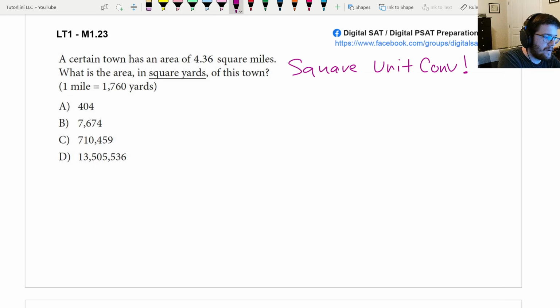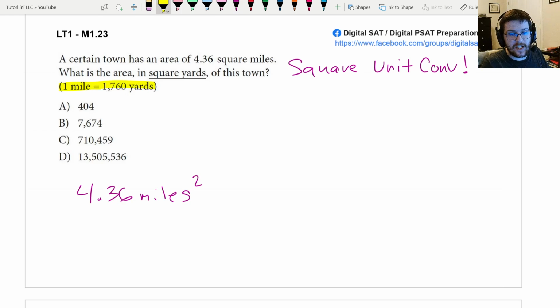And we're going to write 4.36 square miles, which is just miles squared. And we realize that there is no miles squared in the unit conversion. So we have to change the conversion factor to match that unit. How we're going to do that is we're going to square both sides of the conversion factor.